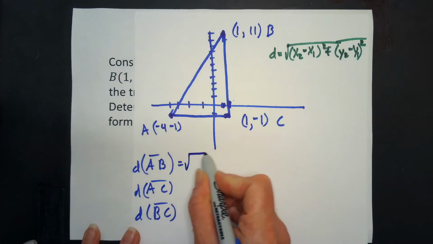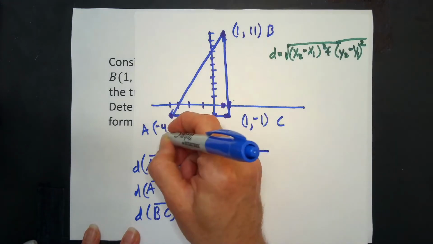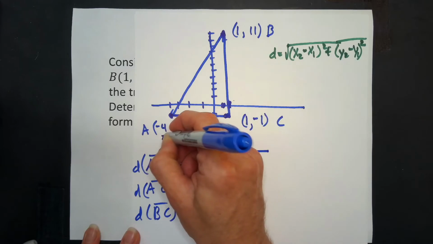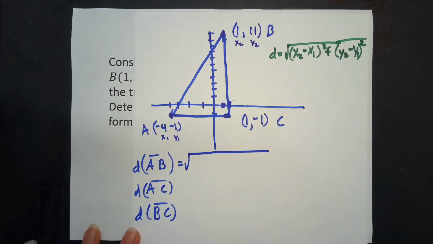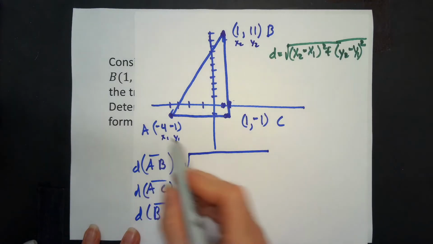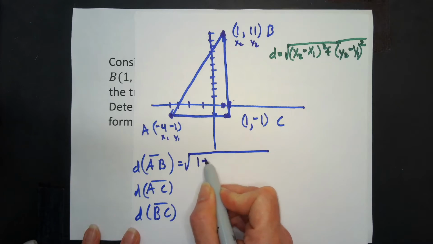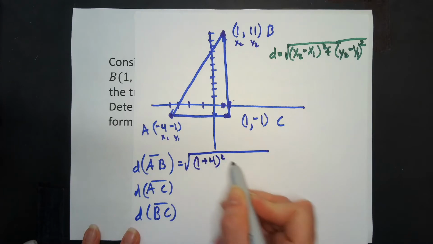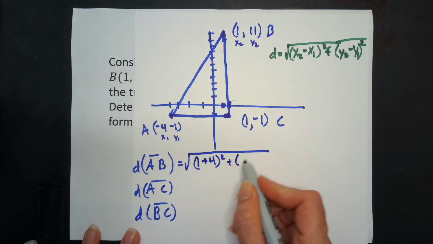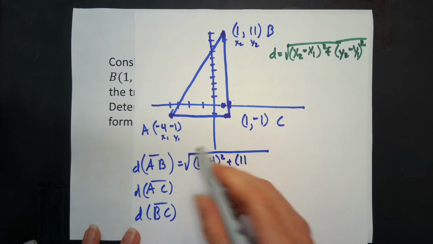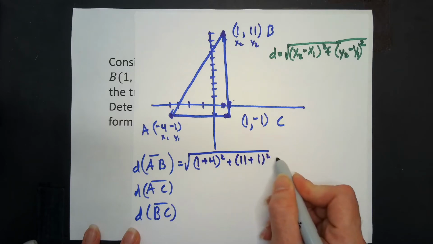So let's say the square root of, and then this is x1, y1, x2, y2. That's going to give me 1 minus a -4, which will make it +4 squared. And then plus 11 minus a -1, which will be positive, so that's squared.